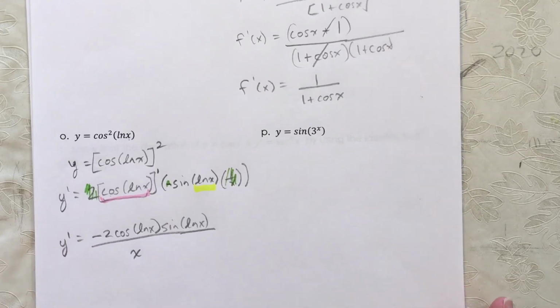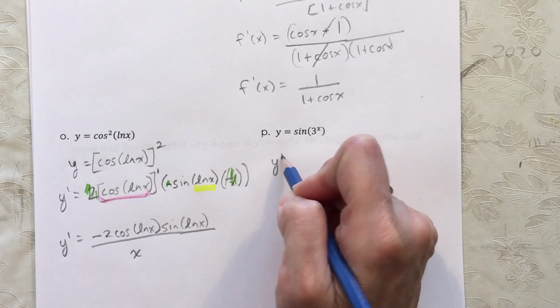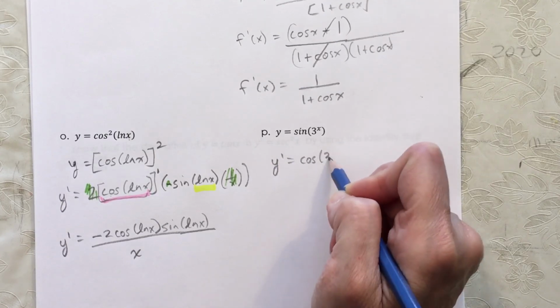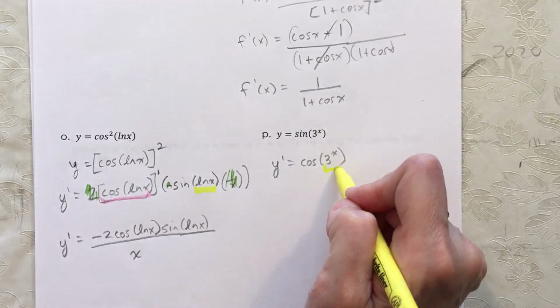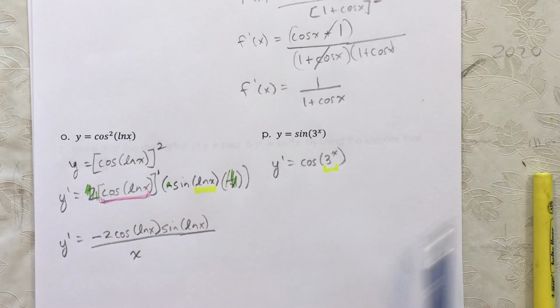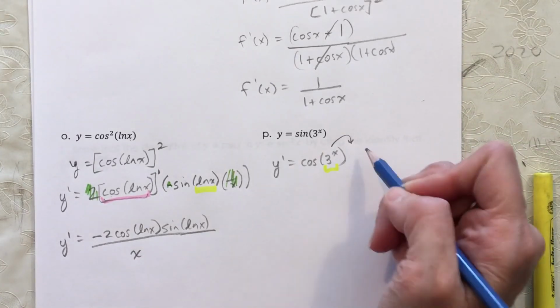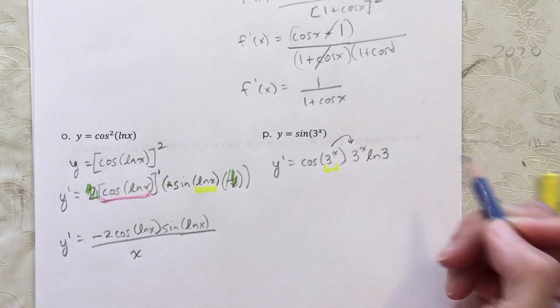And p, y equals the sine of 3 to the x. So y prime, first it's a sine, so the derivative of a sine is cos of 3 to the x. But then we want to multiply by the derivative of 3 to the x. That's the inner derivative. And we learned the other day that the derivative of 3 to the x is going to be 3 to the x times the ln of the base, which is 3.